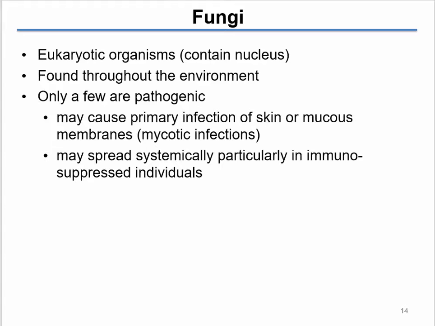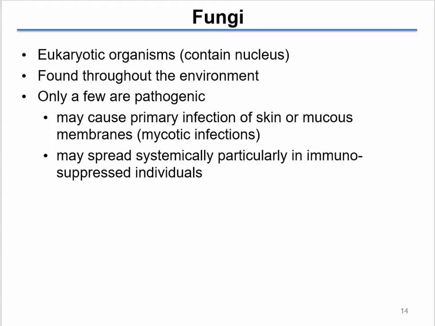Now, it is possible to get a systemic fungal infection, but those people that get that would have to be really immunosuppressed. So you'll see opportunistic fungal infections in people with AIDS, with full-blown acquired immunodeficiency. You'll see thrush and other fungal infections in people that are on immunosuppressive drugs for transplants and things like that.